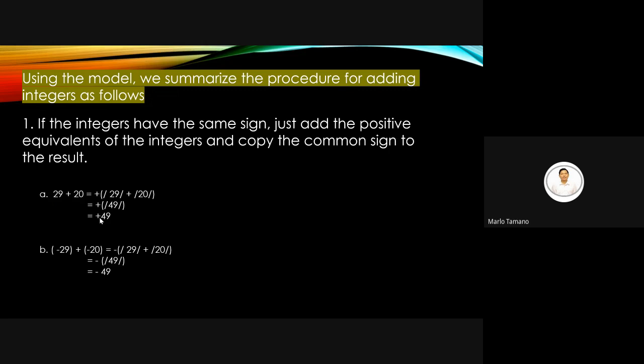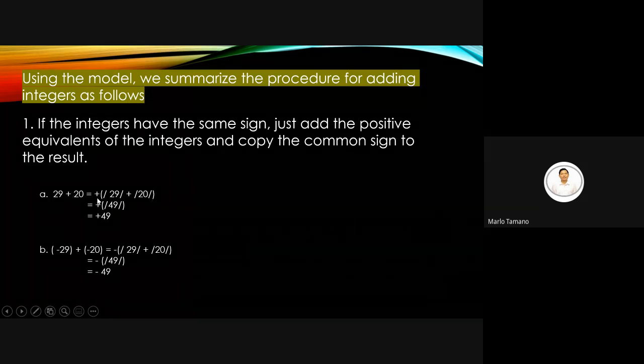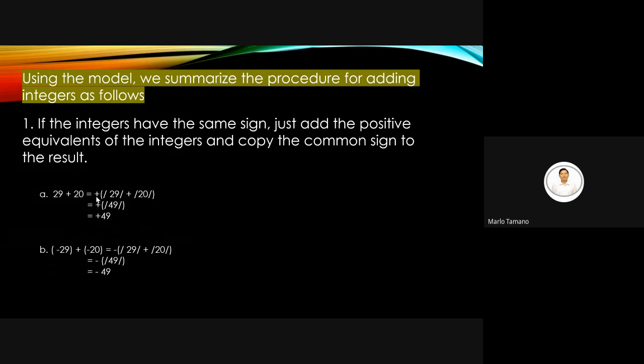So let us follow first the absolute value. So 29, the absolute value of 29, yan. Nakita niyo meron siyang bar. Plus, the absolute value of 20 is 20. So, naka-open and close parenthesis yan. Tapos, yung common sign nilang positive, nilagay ko na sa labas. Okay? So, positive, nilagay na natin yung positive sa labas nila. Then, parenthesis, the absolute value of 29 plus the absolute value of 20, close parenthesis.